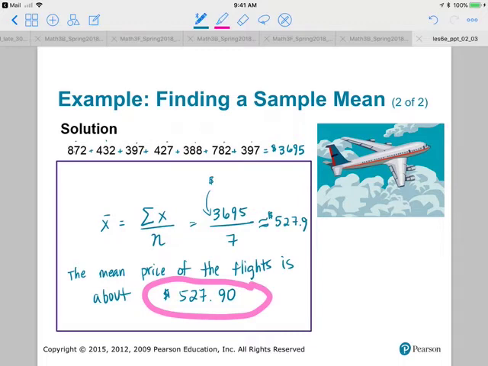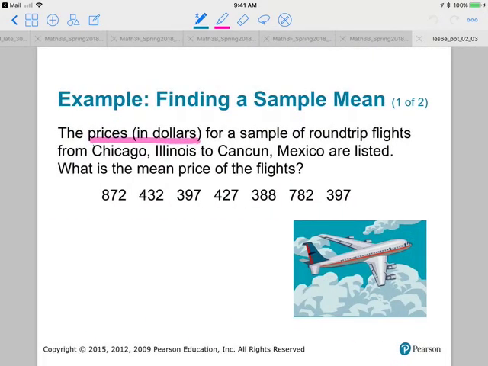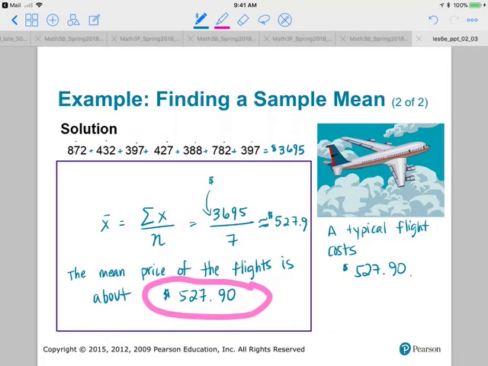Another way to write this would be to say a typical flight costs $527.90, because remember, these are round-trip flights from Chicago to Cancun.